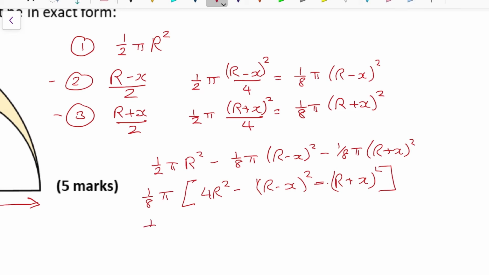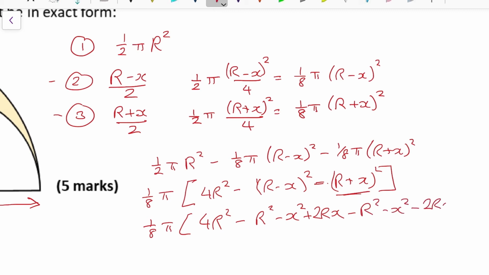So let's, again, basically hope. That's going to be an 1/8 times pi, 4r squared stays as 4r squared, minus, and I'm being really careful here with my double negatives, so I'm going to minus r squared minus x squared minus 2rx, with a minus makes it a plus 2rx. And then similarly for this one, I'm going to expand this, so that's going to be a minus r squared minus x squared plus 2rx becomes a minus 2rx.